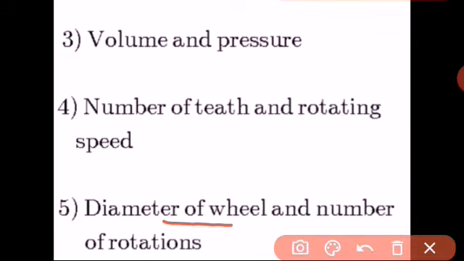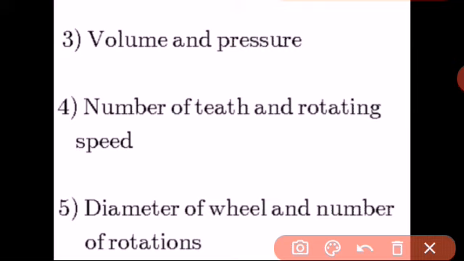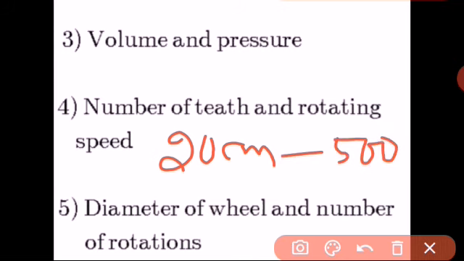Diameter of the wheel and number of rotations. Number of rotations we call RPM, revolutions per minute. If we take a 20 centimeter diameter wheel and it gives an RPM of 500, then if we take a 40 centimeter wheel, it will give just 250 RPM.